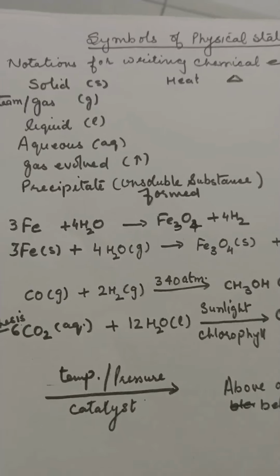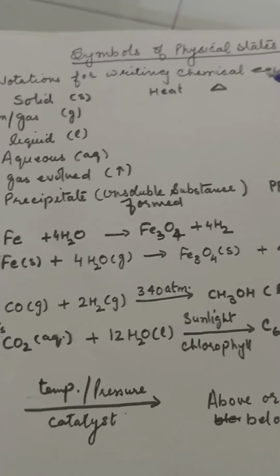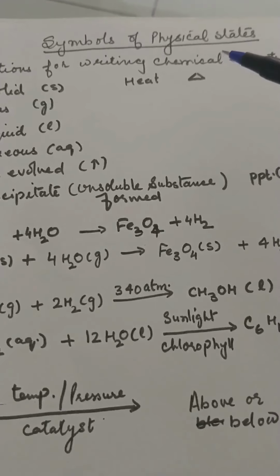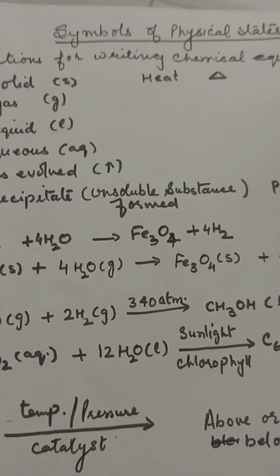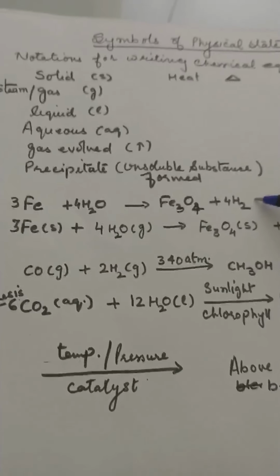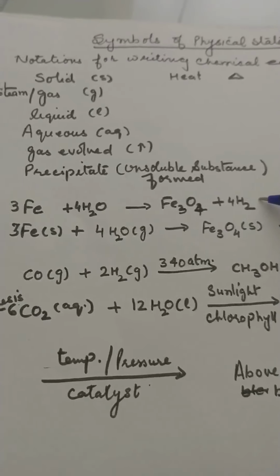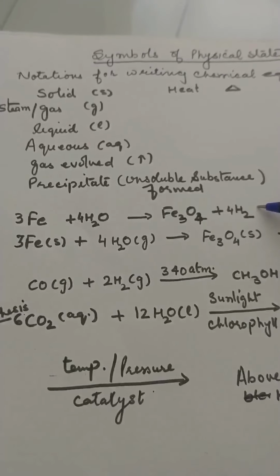Today I have come to teach you about the symbol of physical states which have to be written in the chemical reaction. Now let us start with this reaction. Iron plus water, iron oxide and hydrogen gas.